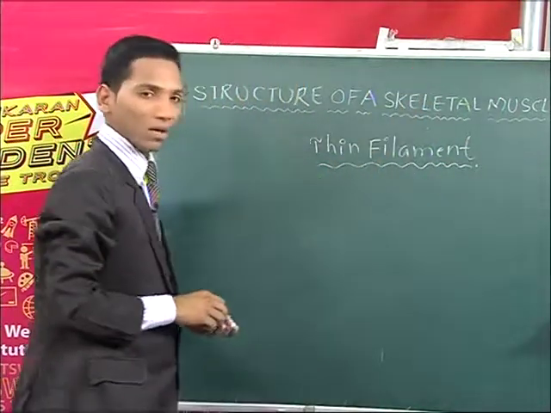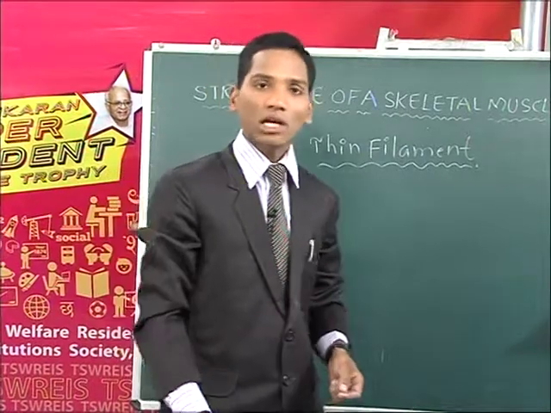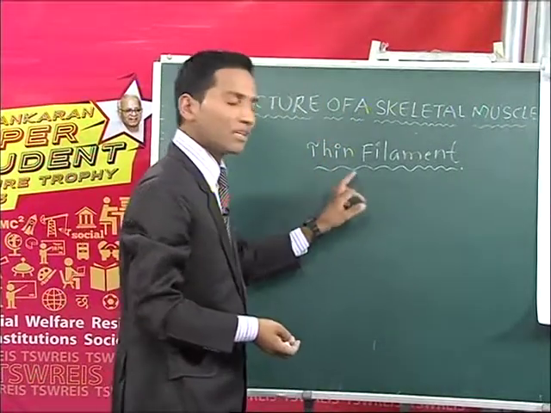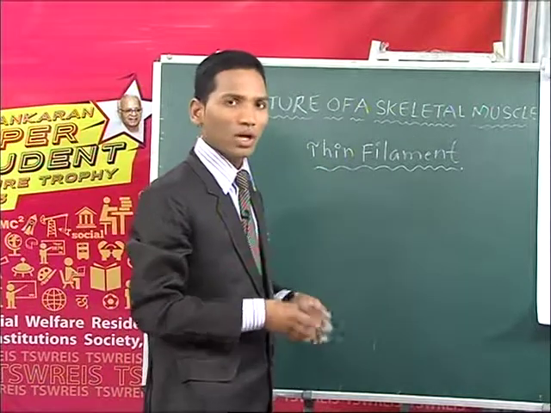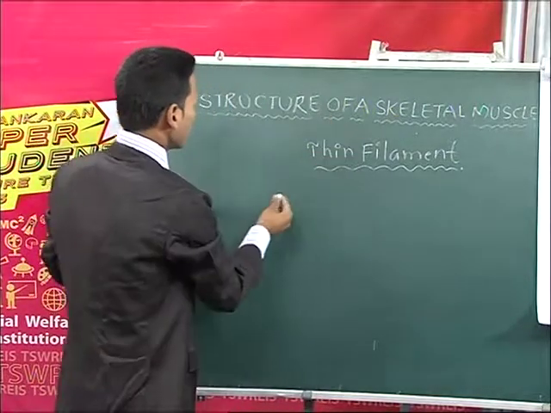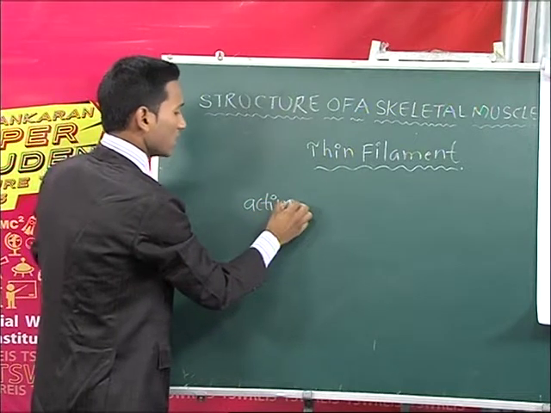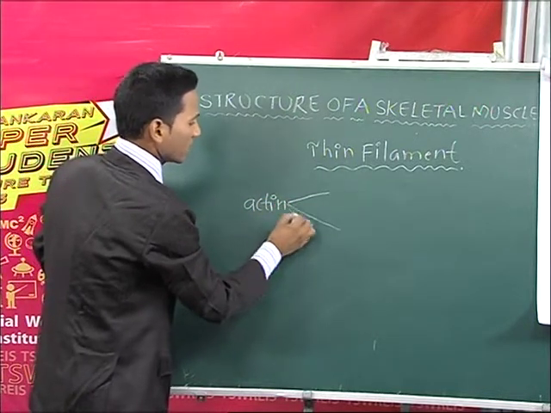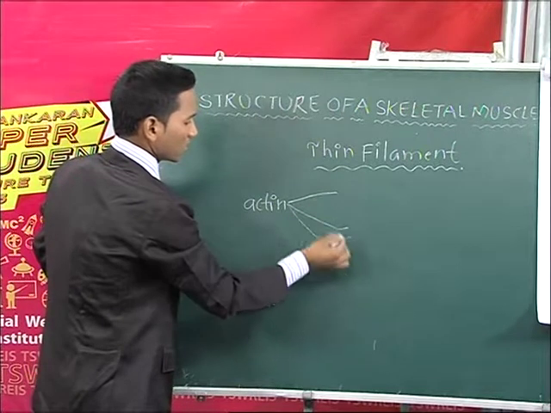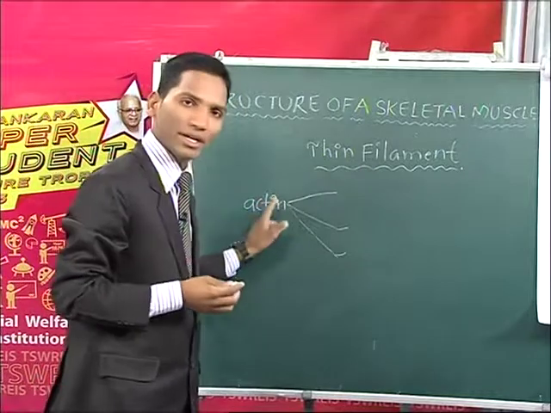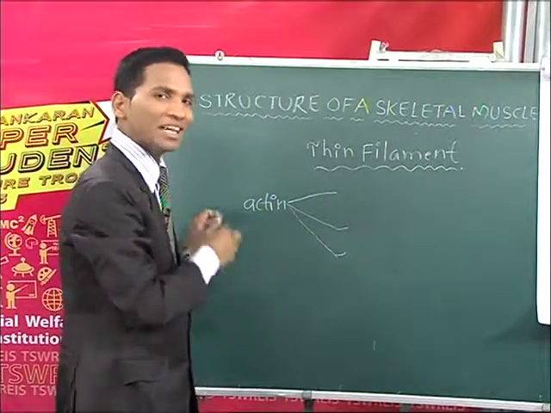So thin filaments are nothing but actin filaments. These actin filaments, or these thin filaments, are divided into three types. Let us see what they are.